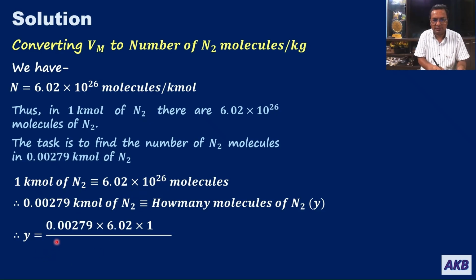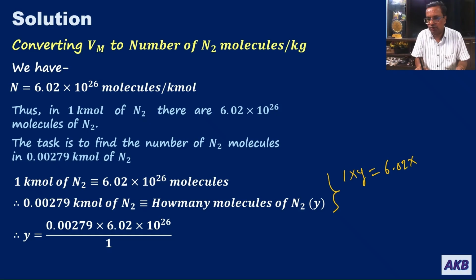So Y will be equal to 0.00279 into 6.02 into 10 to the power 26 divided by 1. From this equivalence, we get this equation: 1 into Y is equal to 6.02 into 10 to the power 26 into 0.00279.